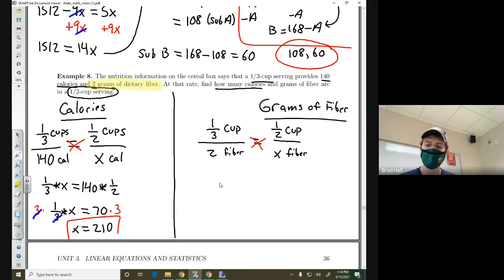Let's go ahead and cross multiply. 1/3 times x is equal to 2 times 1/2, which we can clean up pretty quickly. 2 times 1/2 is just 1. And it's really the same problem we had before. Multiply by 3 to get rid of that pesky 3 in the denominator.